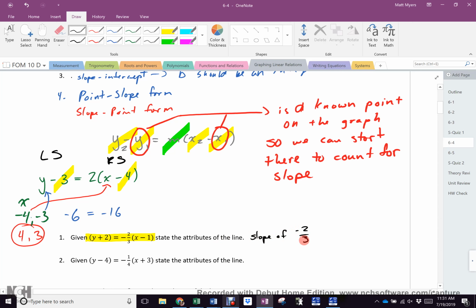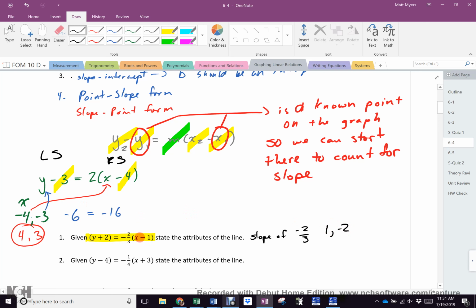And do I know anything else about this line just from looking at it? Yes, I do. I know one of the points on the line. What is it? 1, -2. Because I got to use the opposites or it won't be equal, right?